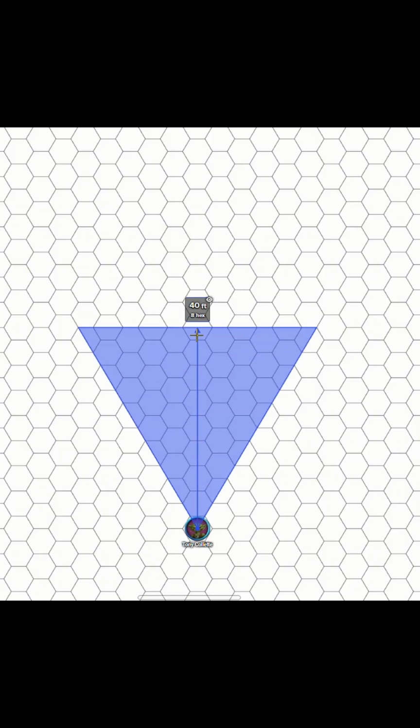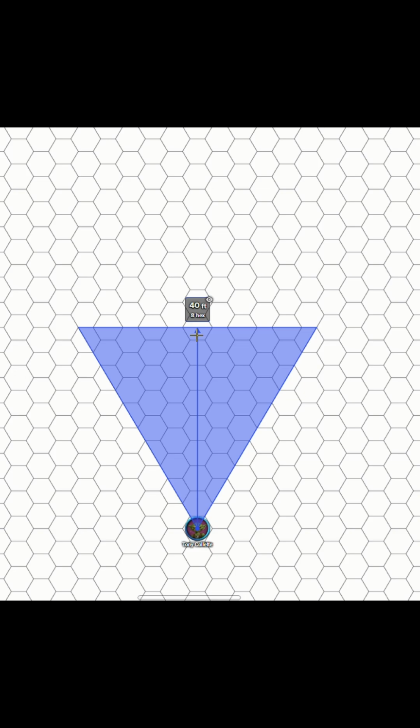Now, what about cones and area effect spells? Well, you see how the cone here kind of follows right along the lines of the hexes? This is at a 60-degree angle because hexes are 60 degrees.